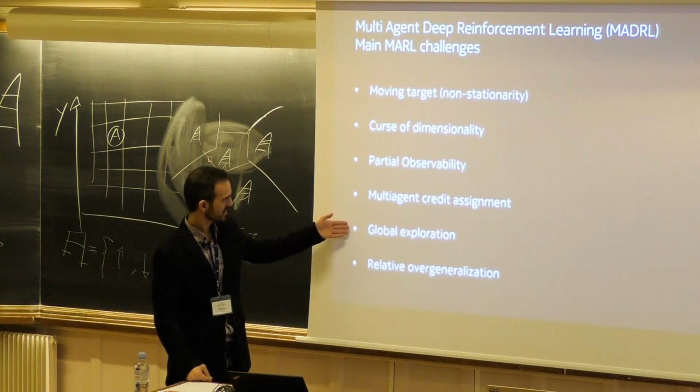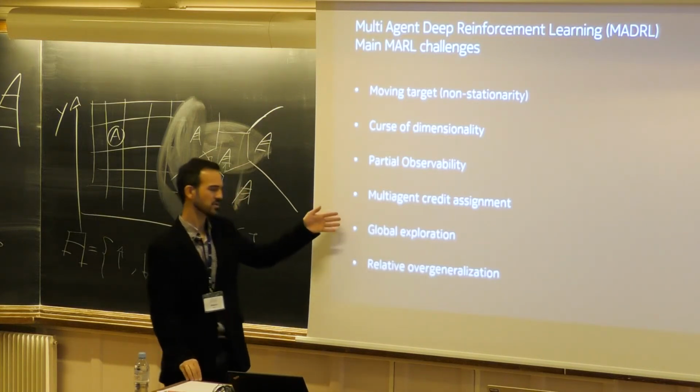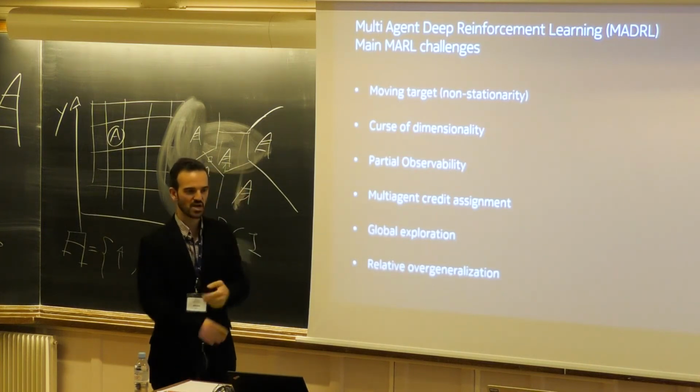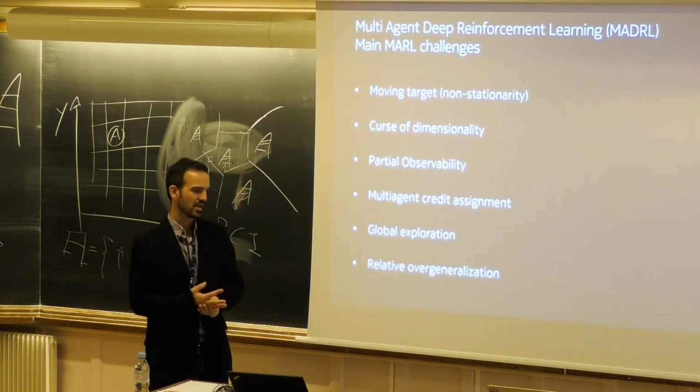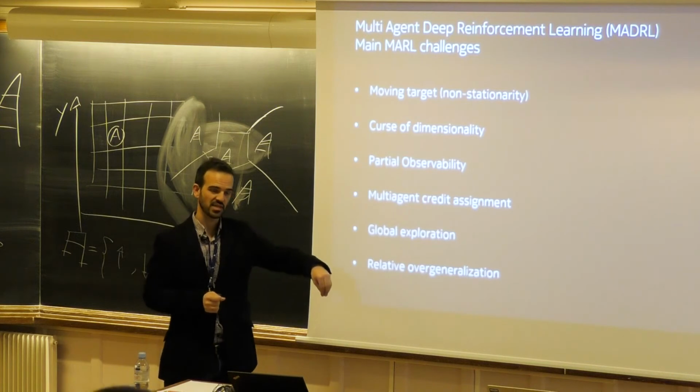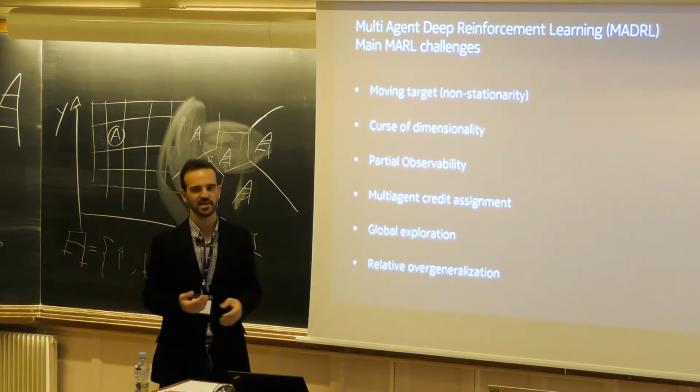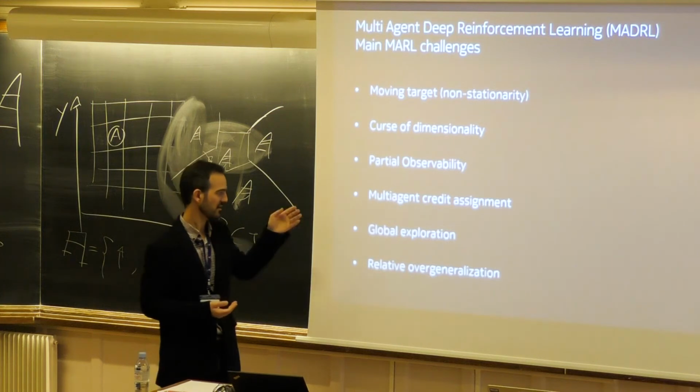Global exploration. This basically means the probability that one agent is exploring. Now, if you have multiple agents learning, when one of those agents begins to behave randomly just to explore its action space, this may destabilize learning of other agents. So this, again, is a challenge.